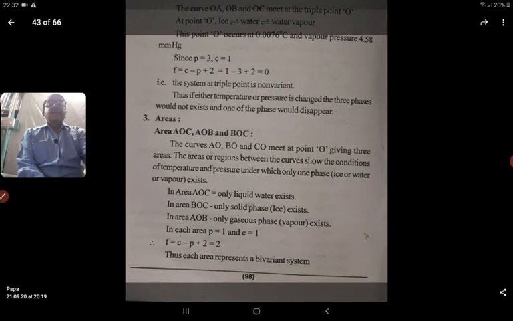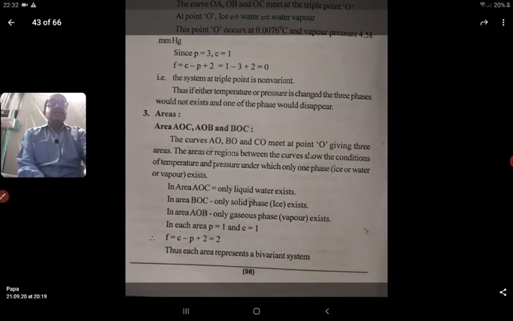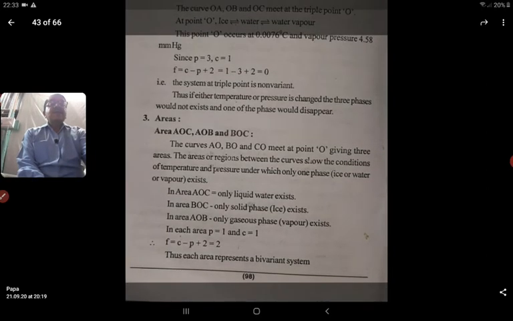In each area, P is equal to 1 and C is equal to 1. When we consider the phase rule equation, F is equal to C minus P plus 2, which is equal to 2. Thus, each area represents a bivariant system.